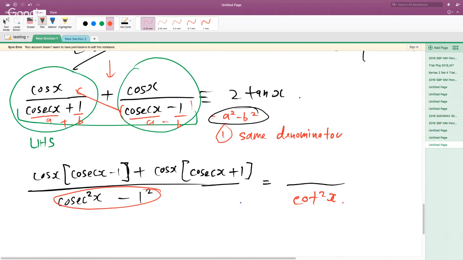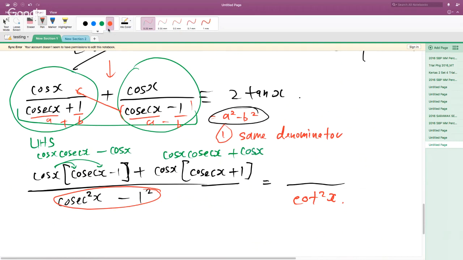And then on the top here, I will just expand it. So you see, if I expand, I will multiply into both. This one, I will basically get something like cos x cosecant x minus cos x. This one, I will actually get cos x cosecant x plus cos x.